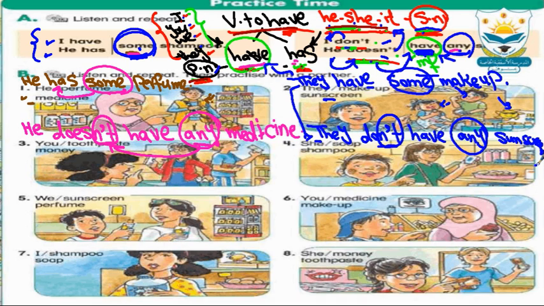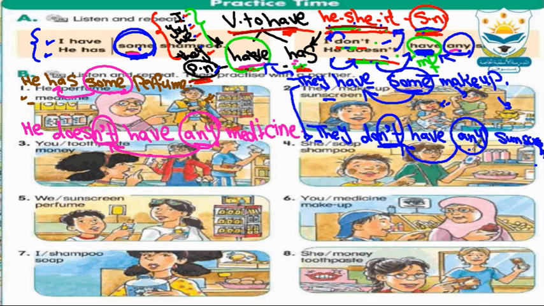Okay? So, fourth year, we use some in affirmative sentences, meaning there isn't in apostrophe t, they don't have in apostrophe t. But we use any in negative sentences, the ones that have in apostrophe t. Okay? And after some or any we should put a countable noun or an uncountable noun.